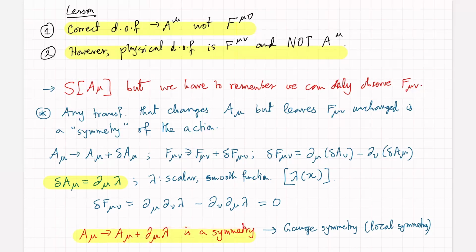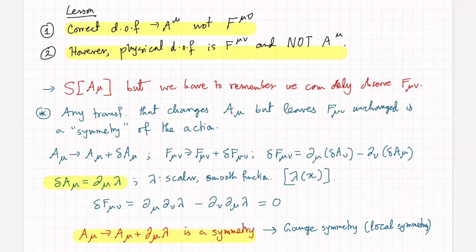Okay, so finally we have all the ingredients in hand. The degrees of freedom have to be A mu. The physical degrees of freedom, however, have to be F mu nu. That tells us that on top of the usual symmetry that we expect for any relativistic theory, our theory also has to be symmetric under this kind of transformation, which is a gauge symmetry.